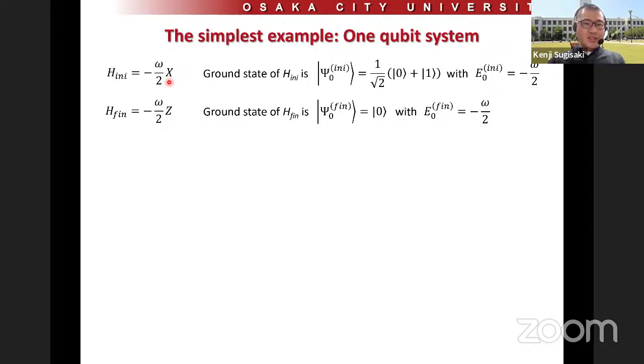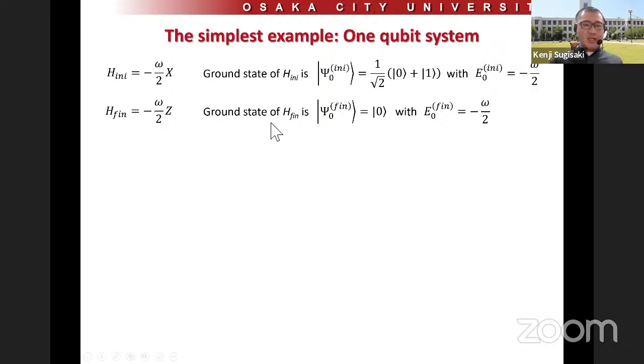The ground state of this initial Hamiltonian is, of course, the plus x direction, which is represented as 1 divided by square root 2 times a linear combination, the 0 state plus the 1 state. And the eigenvalue of the ground state is minus omega over 2.